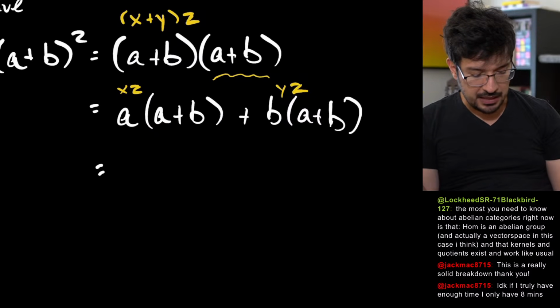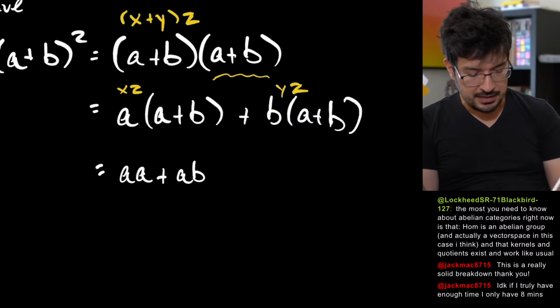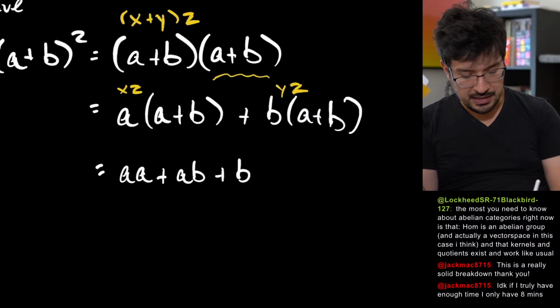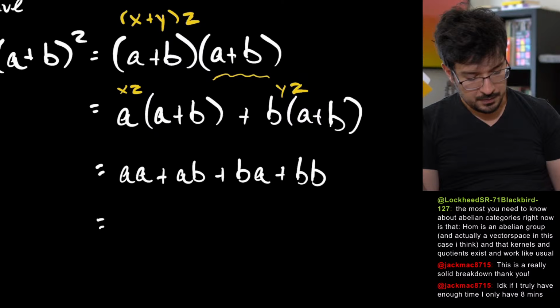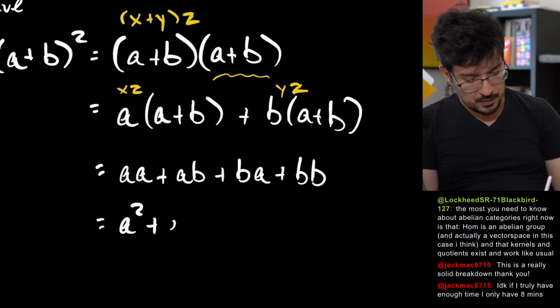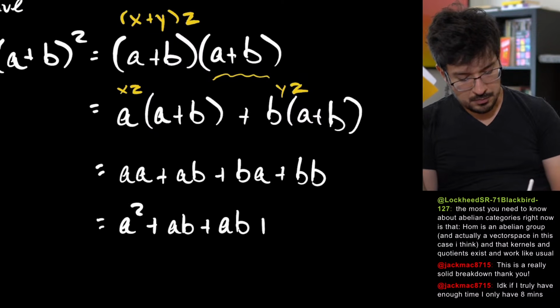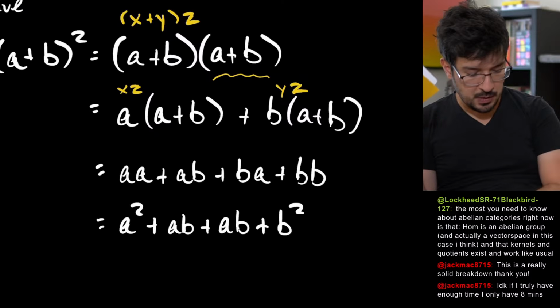And then again, by distributivity, you multiply A times A, B times A, and B times B. Now, I'm doing two steps at once.